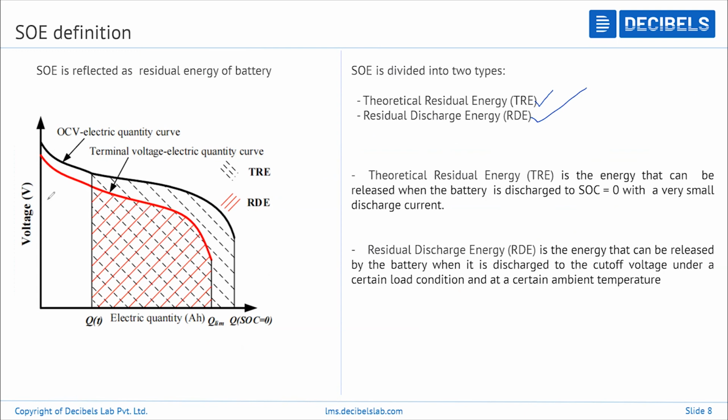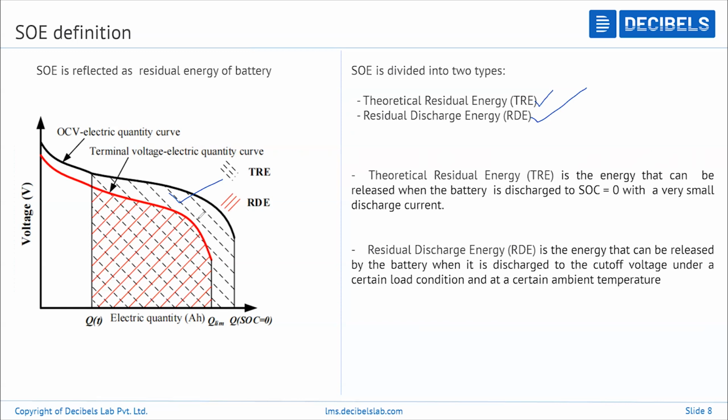If you want to calculate how much energy is there in the battery, you need to discharge the battery at a very low C rate, at very low current, so that you will get this theoretical residual energy.